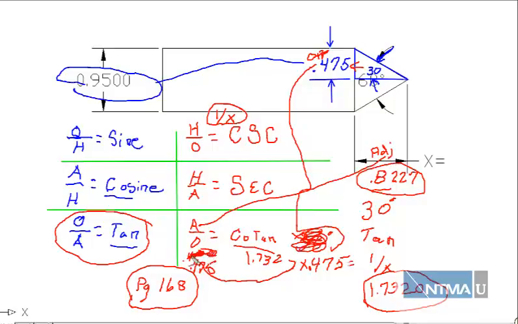Sorry about this error here. I hope I didn't confuse you too bad. I hope that you realize that I was supposed to be using the 475 thousandths, and that's how you come up with this answer. So you always want to make sure that you transfer numbers correctly. I mean, simple mistakes like that are often what happens to us when we're doing math problems. So always check your numbers. That's something that you want to do. Okay, we're going to take a look at the next one, and we'll give that one a go.